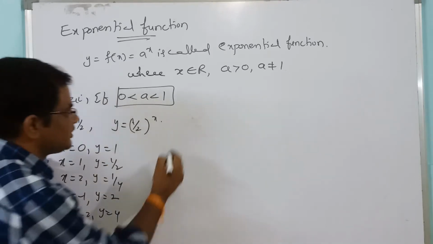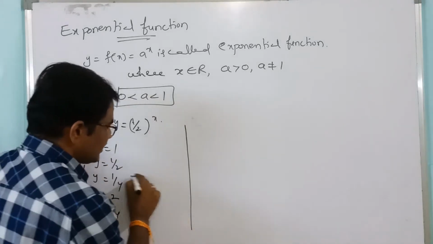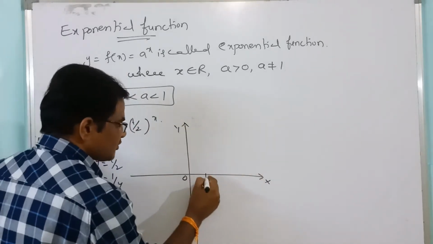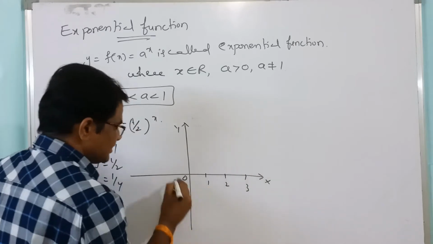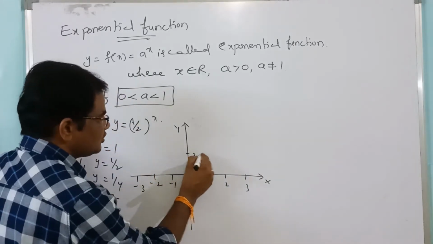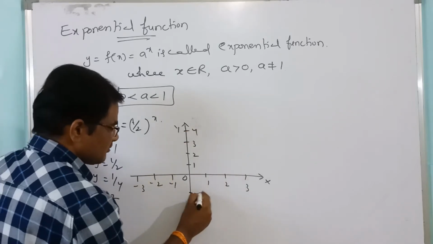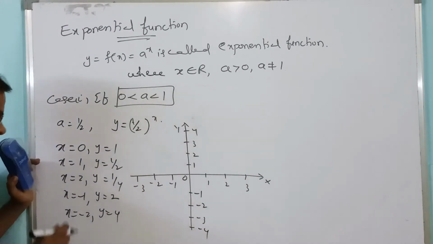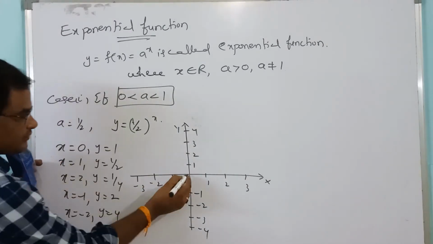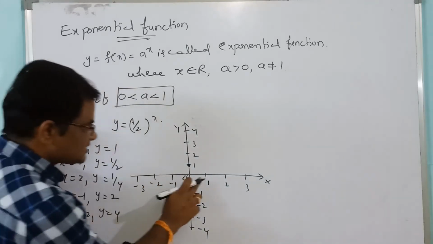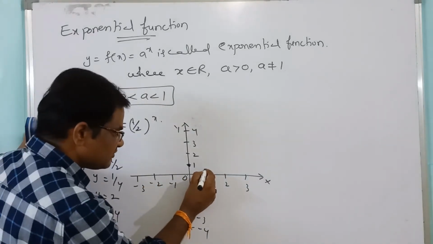These points you take on x-axis and y-axis. 0, 1, 2, 3. Minus 1, minus 2, minus 3. Here 1, 2, 3, 4. Minus 1, minus 2, minus 3, minus 4. Now take x equal to 0, y equal to 1. Here the point is there. X equal to 1 means y is 1 by 2 somewhere here.